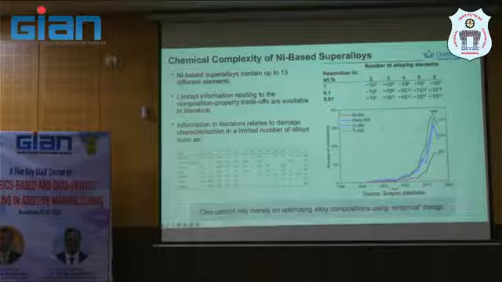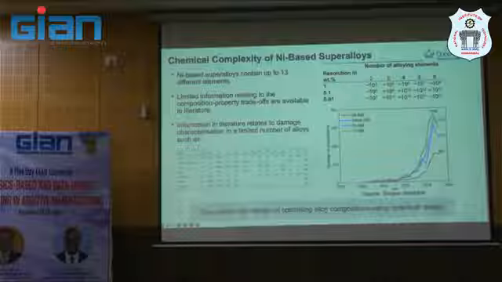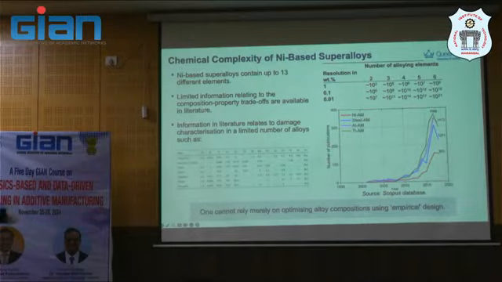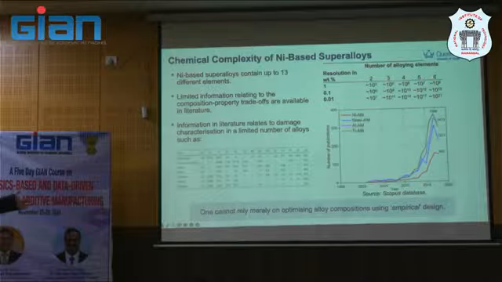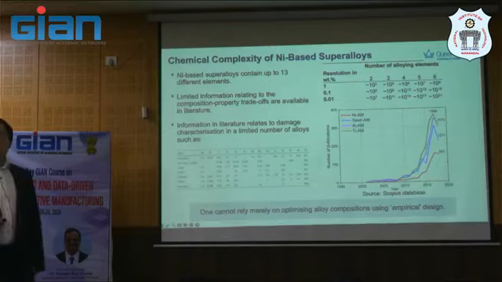And that means if you want to vary the composition, if the resolution is 1 weight%, and you have only 2 alloying elements, you already have 1,000 choices that you can choose from. But if your resolution is 1 weight% with 6 principal elements, you will have about 1 billion choices.